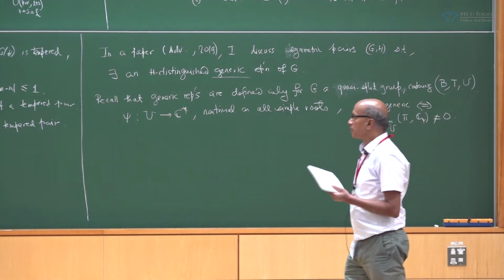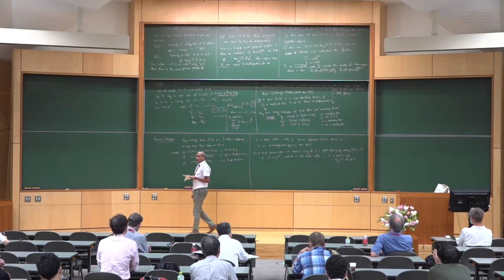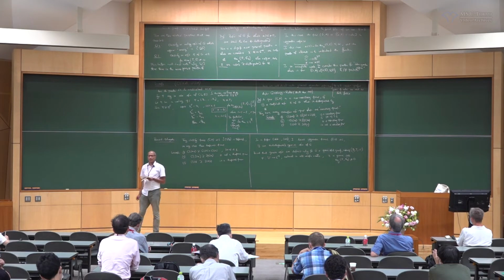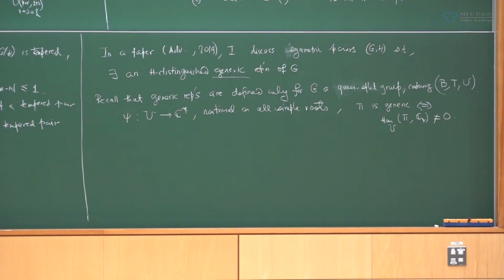So these generic representations are generic in two senses, at least for GLN. Most representations are generic, and they are also generic in the sense that their dimension tends to be the largest possible dimension.